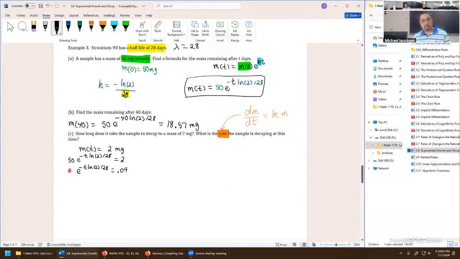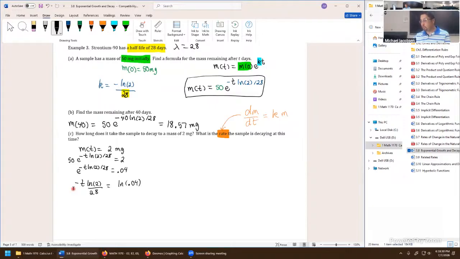Then take the natural logarithm of both sides. We've seen that a couple times already in the prior example. When you take the natural log of the left-hand side, you just get negative t times natural log 2 over 28. Take the natural log of the right-hand side, 0.04, and essentially we've converted the equation from exponential down to this one, which is now in logarithmic form.